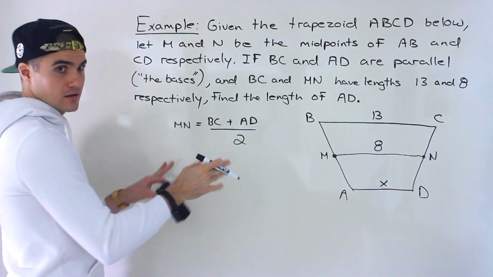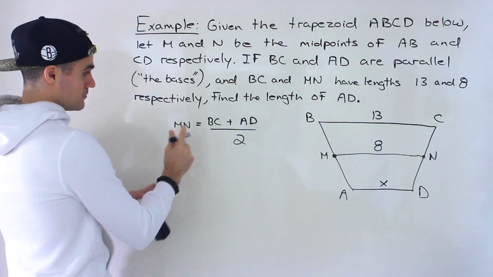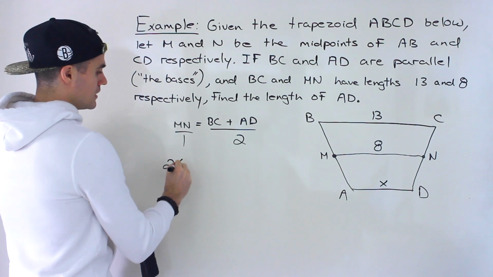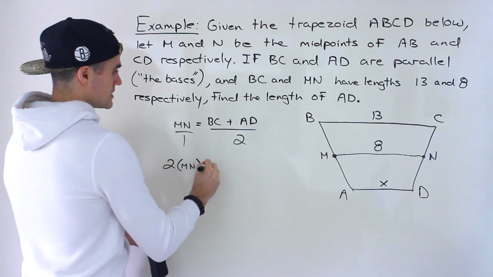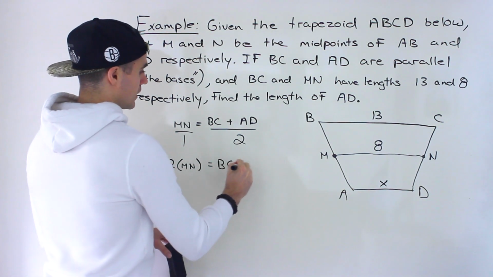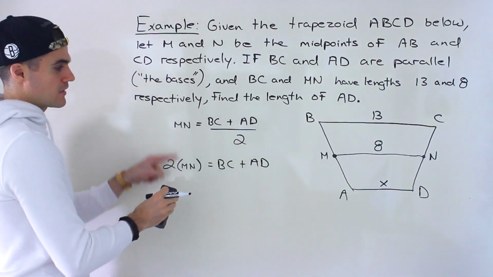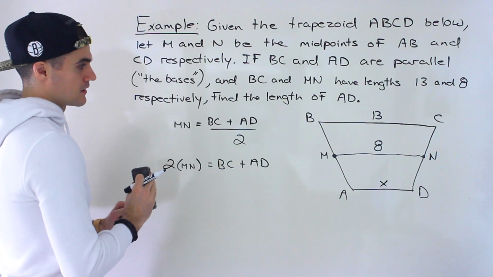Or another way, as I've shown before, we could put this over 1 and cross multiply, so we could say 2 times MN is equal to BC plus AD. Both of these are basically the same thing.